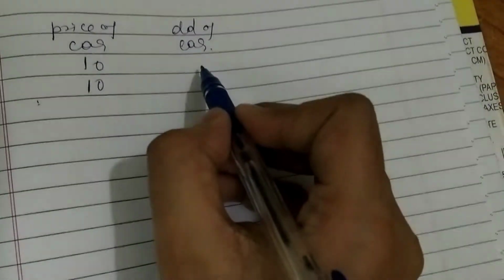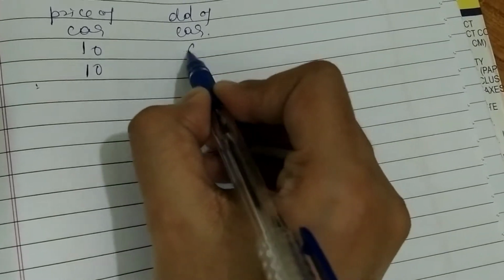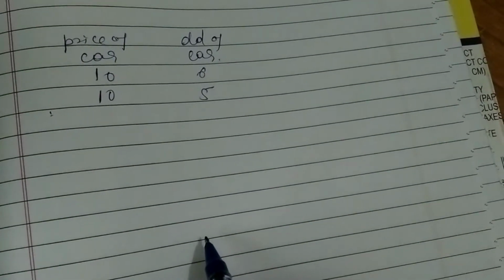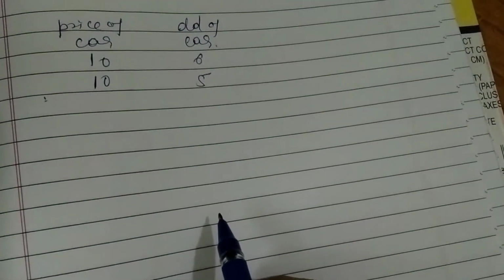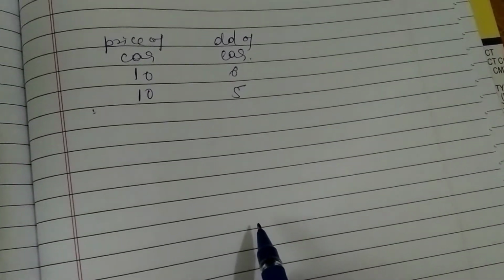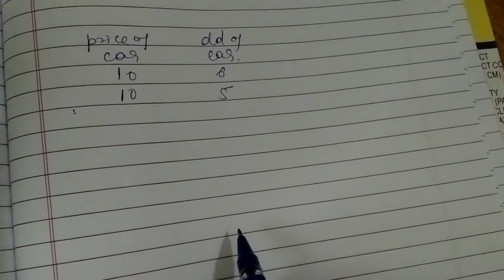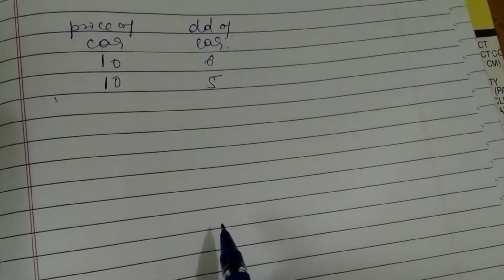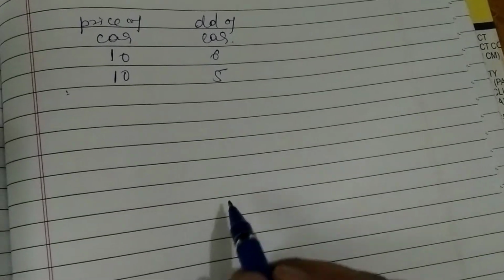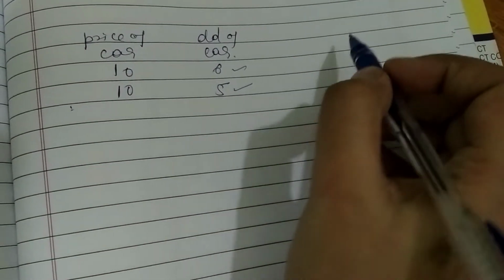But then also there is a fall in demand of car from 6 to 5 units. Why does this happen? Because there is a change in other factors, that is there is a change in price of complementary goods, or you can say there is a change in price of its related goods, and petrol is the related good in case of this. So when the price of petrol increases, demand of car falls from 6 to 5 units.